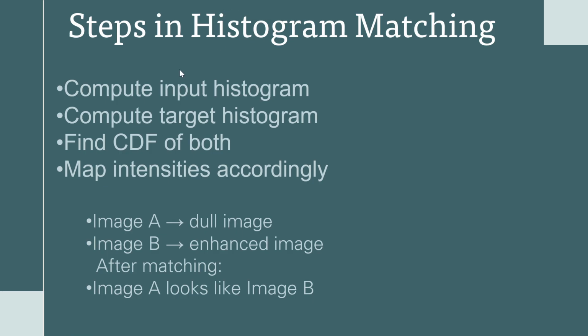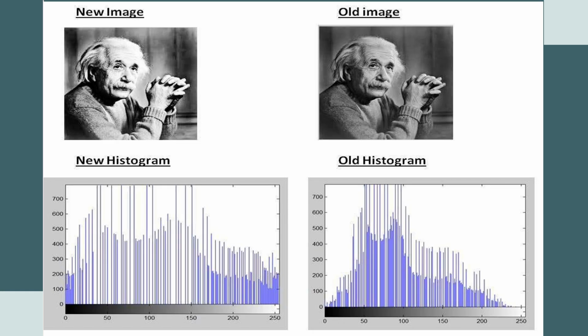So let's take an example. Here you have two images, a dull image and a well enhanced image. We want the dull image to look like the enhanced one. By applying histogram matching, we can transform the dull image so that it has similar brightness and contrast as the enhanced image.